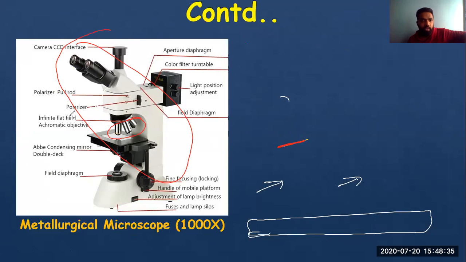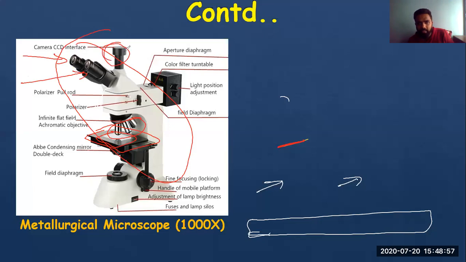Okay, I would like to inform you that these are the lenses. This is the place where we place the workpiece. Suppose this is our workpiece which we have prepared with the standard procedure. We will put it under this microscope and view it through these lenses.